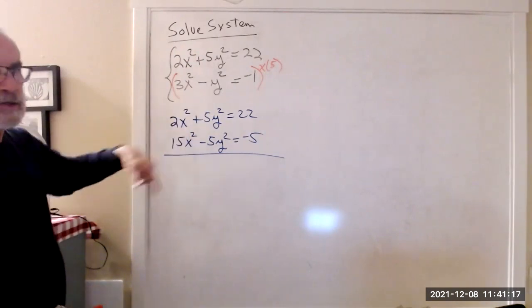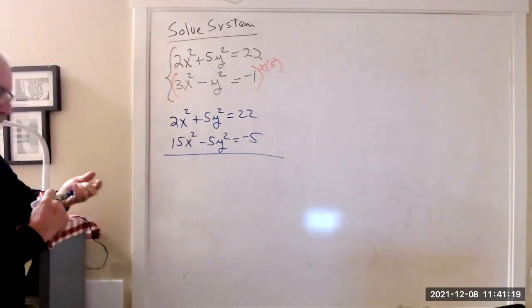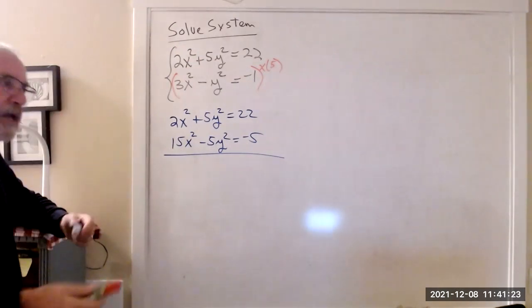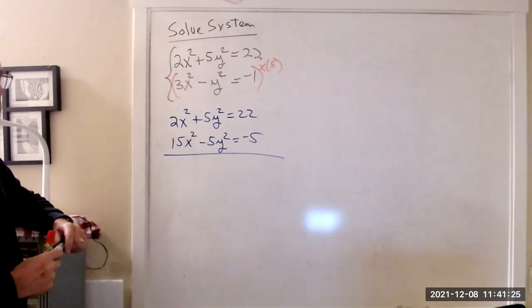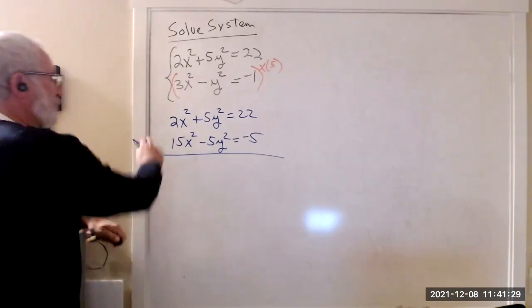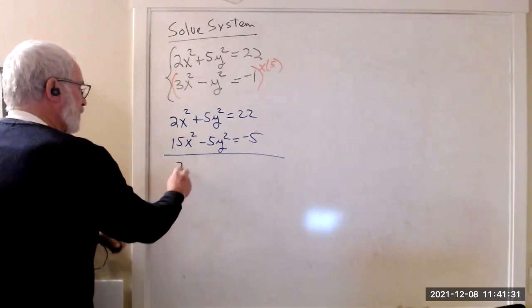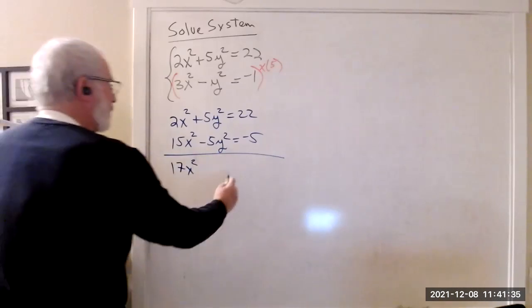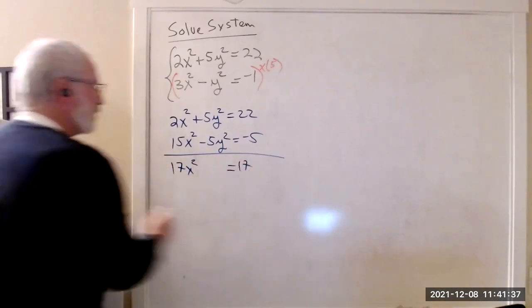Now, I'm not saying this is the only way to do this problem, okay? But I do need to show you, or remind you rather, of alternate algebra techniques. So if we add this together, 2x squared plus 15x squared is 17x squared. The y's drop out, equals 17.